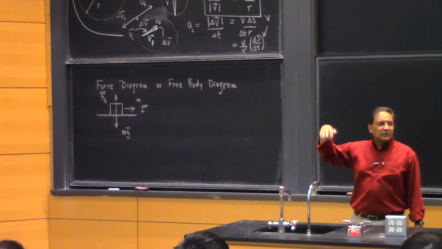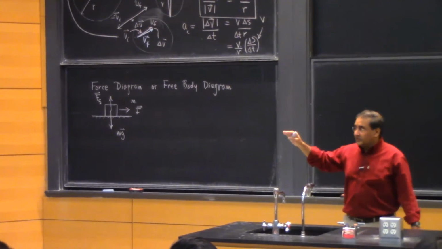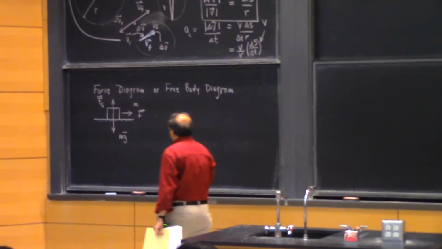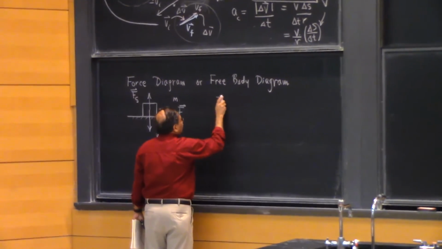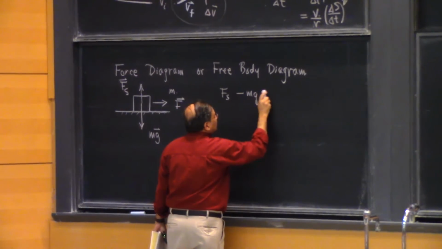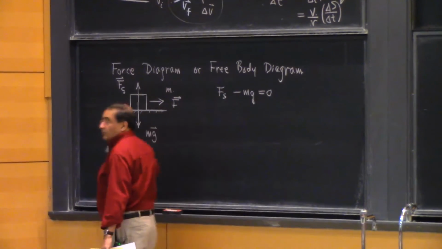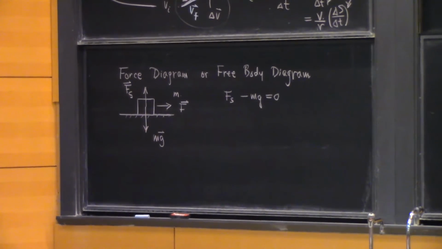So if there is no opposing force, you are done. F is equal to ma as far as the horizontal direction is concerned. And as far as the vertical direction is concerned, these two are opposing each other in such a way that F_s going upward minus mg must be equal to 0, because there is no net force in the vertical direction. So that's my force equation for this.